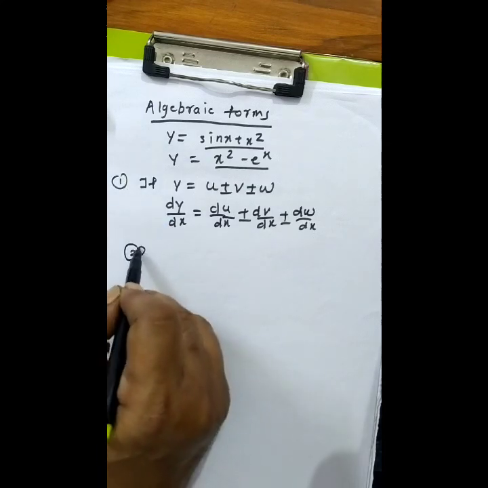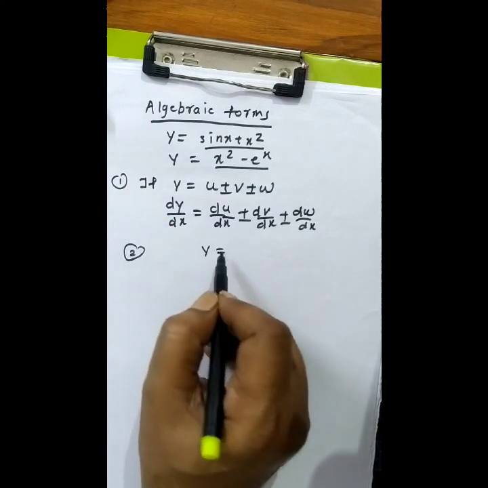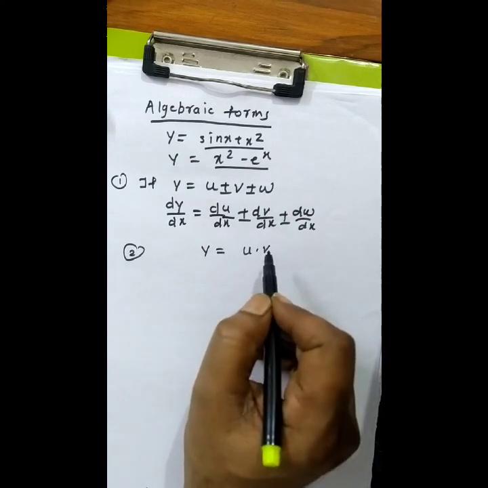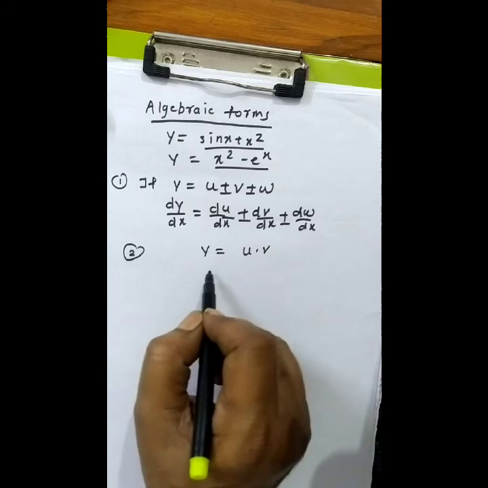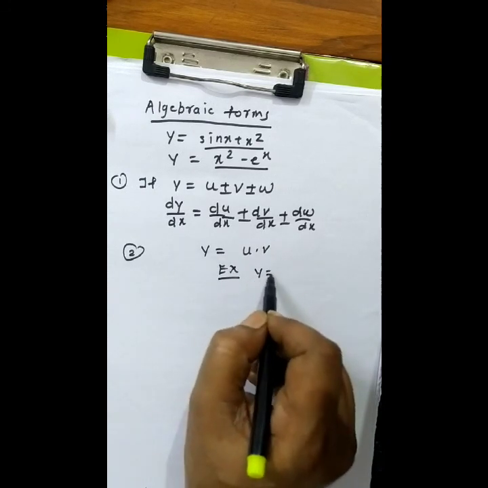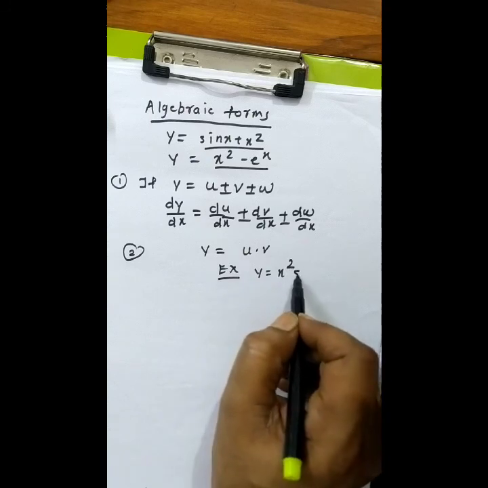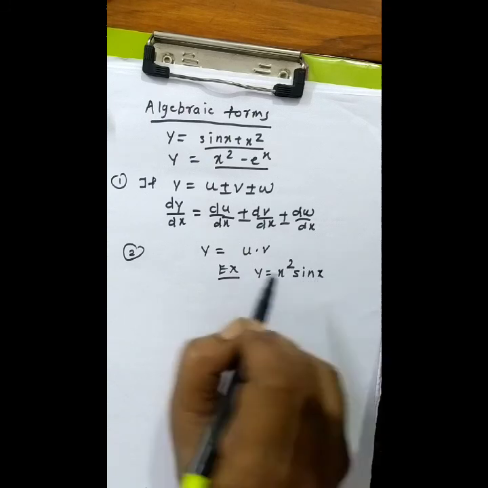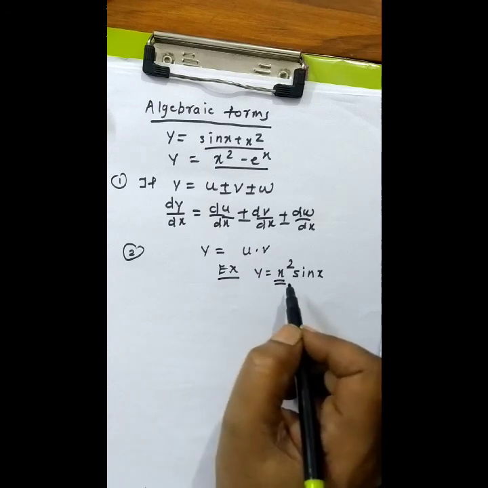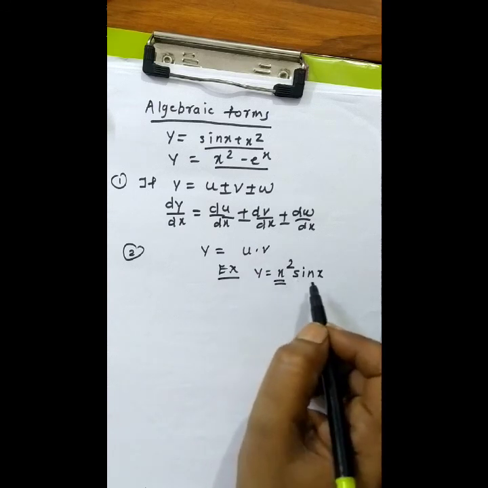Then the second, your given sum may be like y is equal to u into v. U into v means product of two functions. For example, if we take y is equal to x square sin x, this is exactly a product of two functions. The derivative of x square can be found using the x raised to n formula.